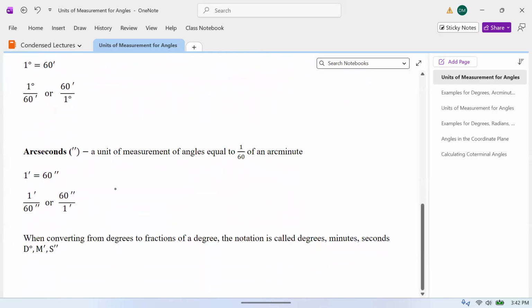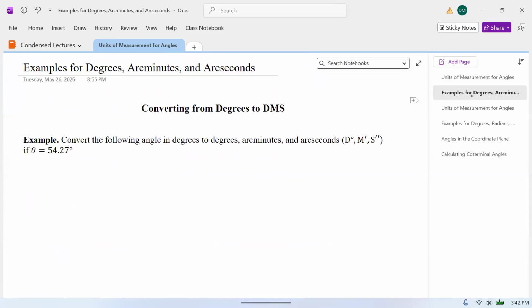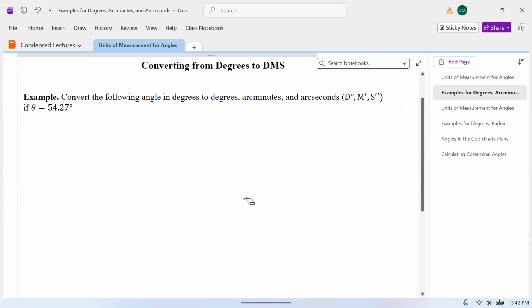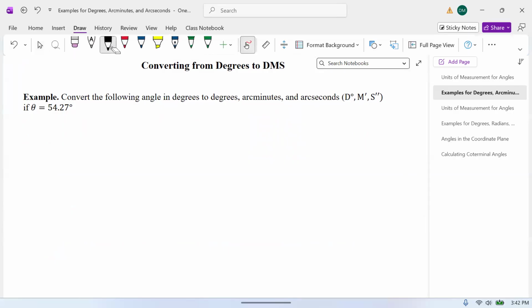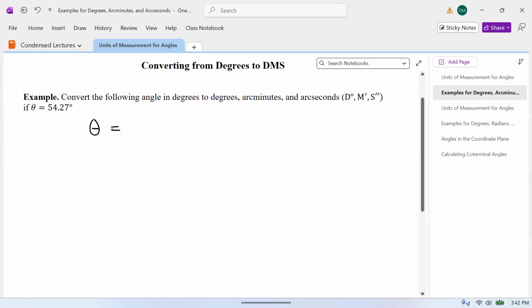So if I want to use this relationship to convert from one unit to another, I write them as fractions. So let's do an example. Suppose I'd like to convert the following angle in degrees to arc minutes and arc seconds. So here's my angle, 54.27 degrees.